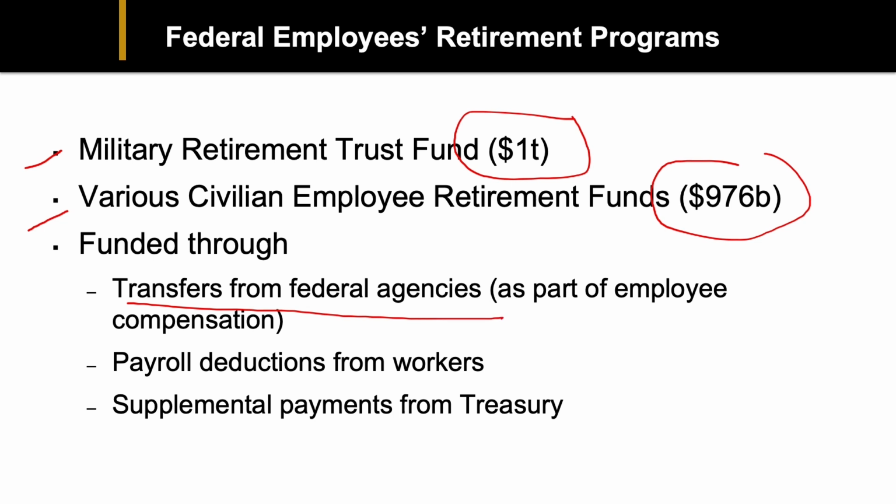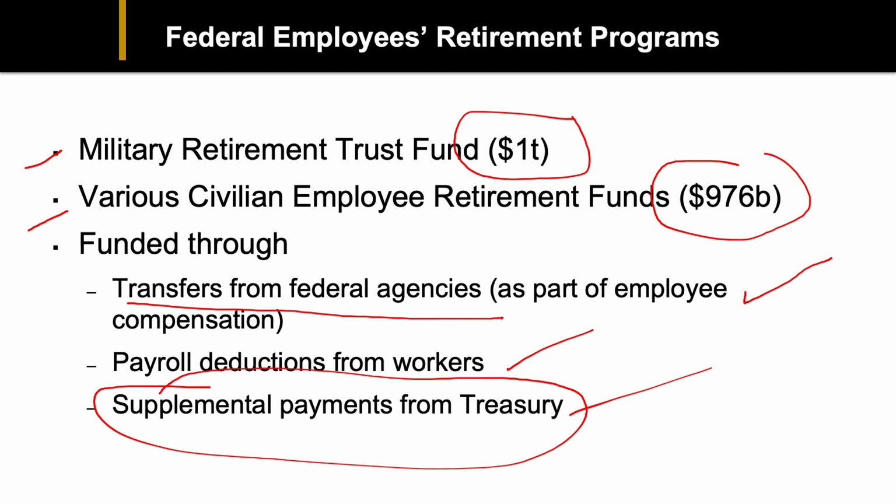In other words, as part of the employee compensation for military and civilian employees, the federal government puts money into their trust fund. And then there's some payroll deduction from workers as well. And then that money is also supplemented by the Treasury Department. They have some general funds, general tax revenue, that they'll put into these funds as well.